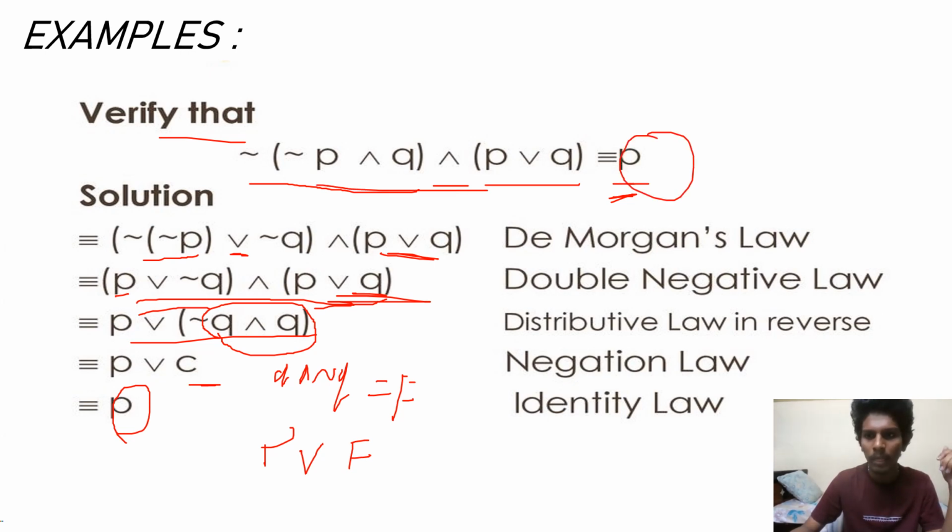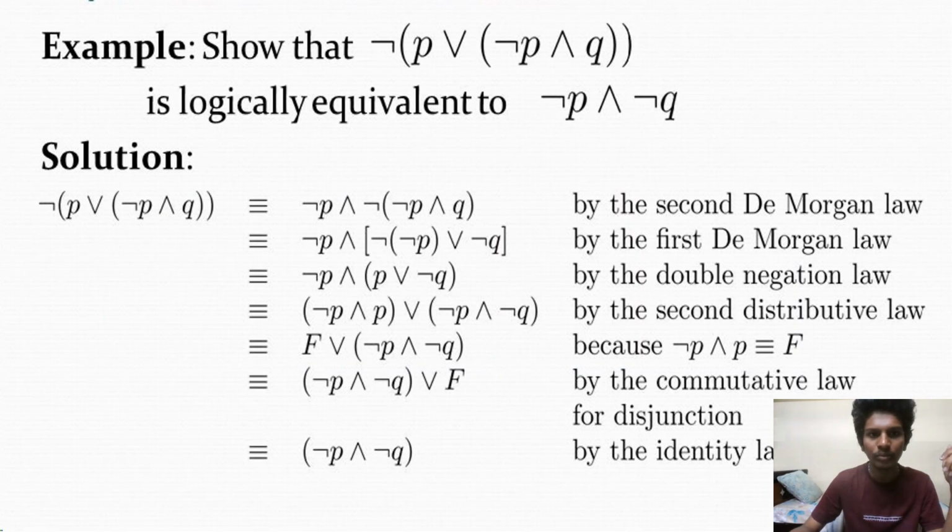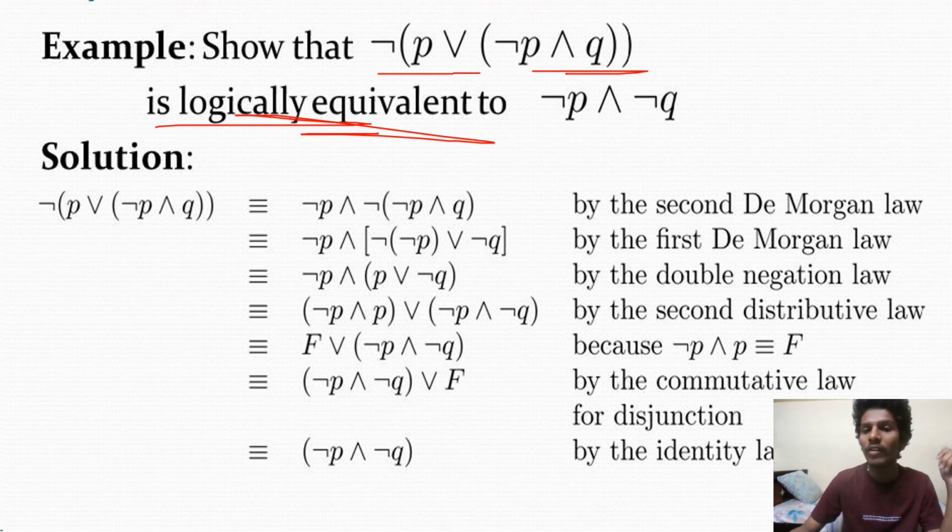Okay, the next example. Show that negation of P or negation P and Q is logically equivalent to negation P and negation Q. Okay, so apply De Morgan's law. For negation P, we have to apply De Morgan's law.